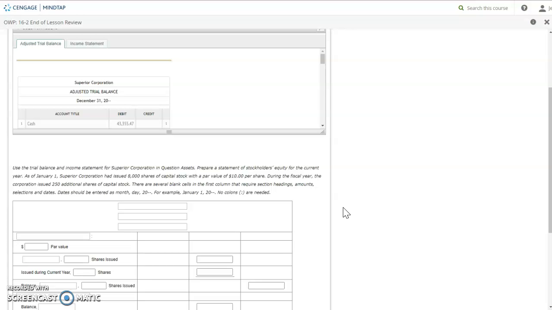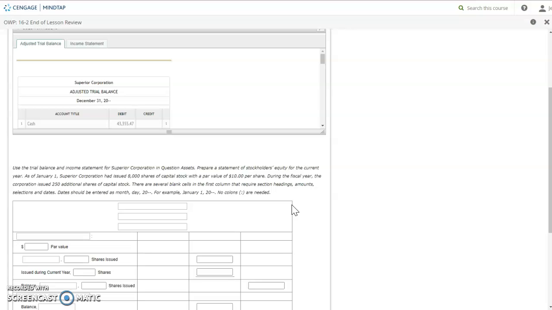During the fiscal year, the corporation issued 250 additional shares of capital stock. There are several blank cells in the first column that require section headings, amounts, selections, and dates. Dates should be entered as month, day, 20-. Then it gives us the example, January 1st, 20-.